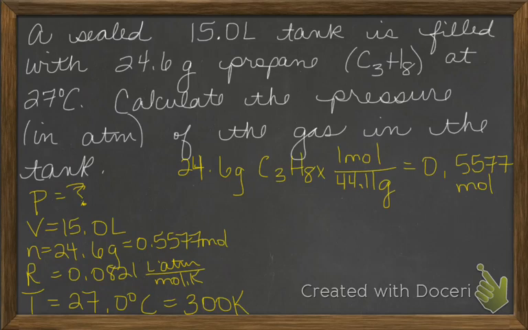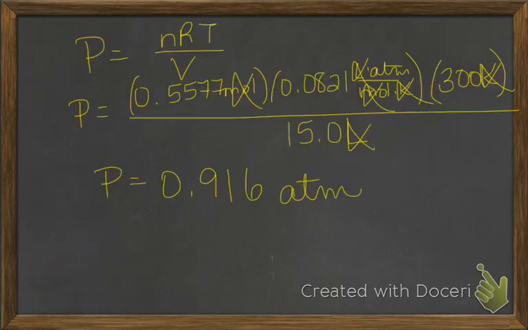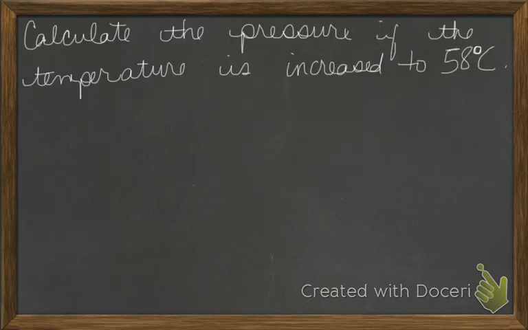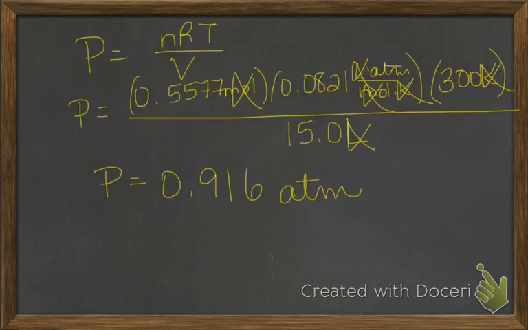We still have 24.6 grams of propane in it, but whereas over here we calculated it at 27 degrees Celsius, we calculated this pressure, 0.916, I'm now asking you to calculate what the pressure would be at 58 degrees Celsius. Obviously, you can still use PV equals nRT, because you still know the amount and your ideal gas constant, and it's the same volume.